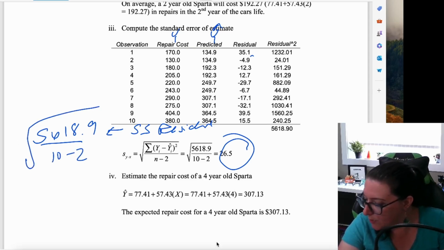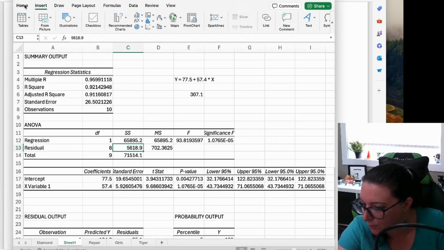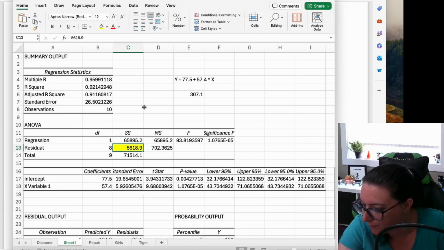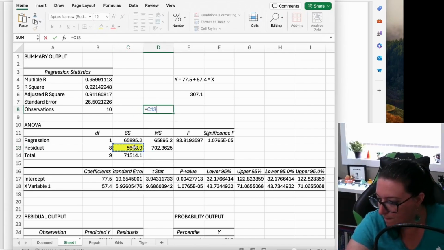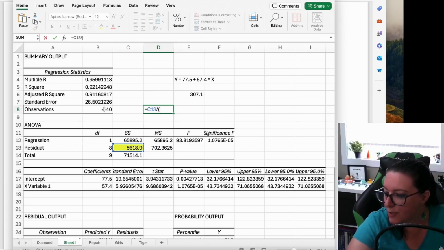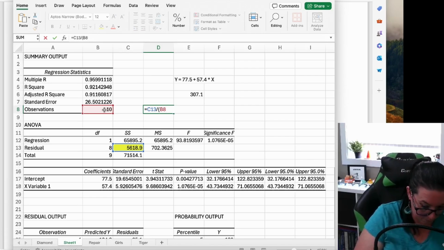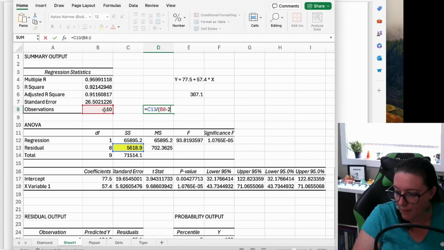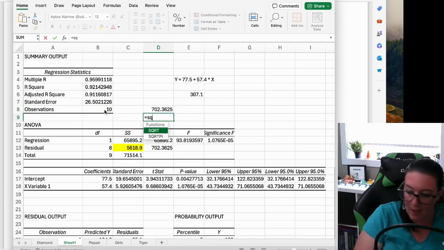So if I go back into Excel, I'll highlight this number so we can see it there. I'm going to take this number divided by the observations, which is 10 minus 2, and then take the square root of that.